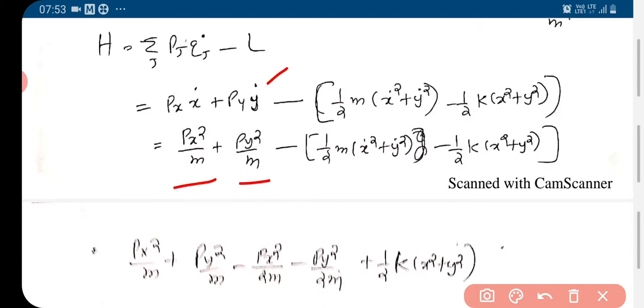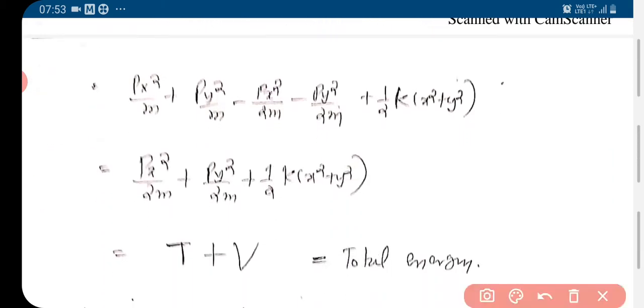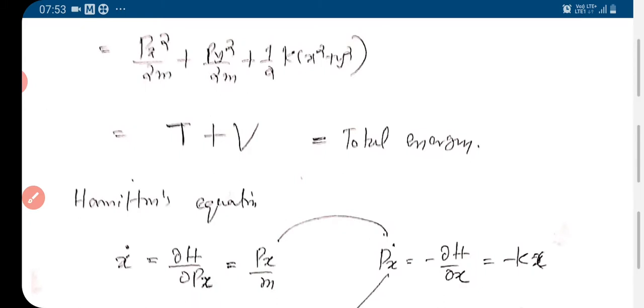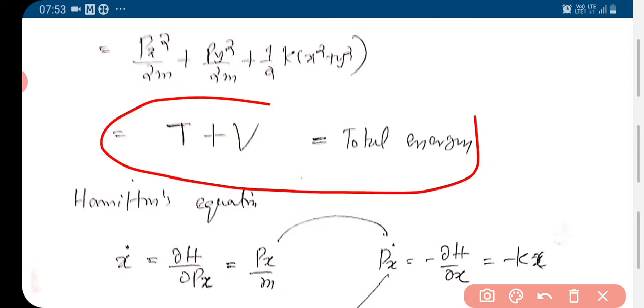That will finally give you px squared by 2m plus py squared by 2m plus half k x squared plus y squared, and this is the total energy of the system.